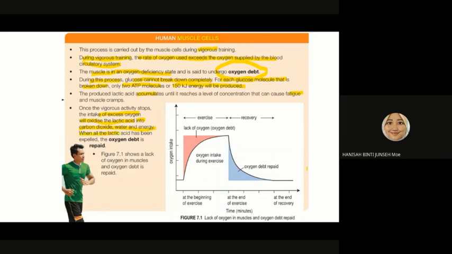When all the lactic acid has been expelled, the oxygen is repaid. Kena bayar. Tadi ada hutang oksigen kan? Kena bayar sudah.